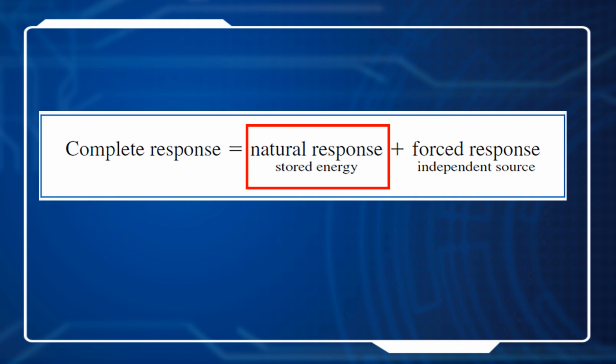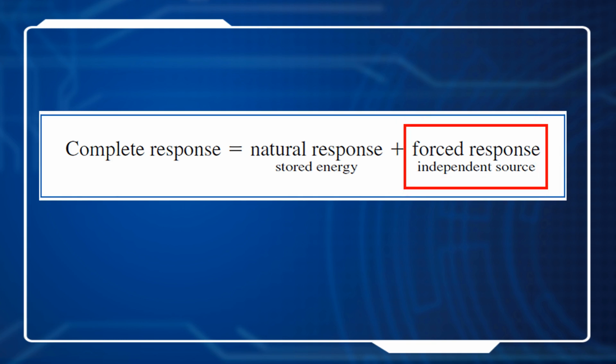And the second part is the forced response, which is caused by the independent source. So we can write the voltage of the capacitor like this: V equals Vn plus Vf. Vn is the natural response and Vf is the forced response.